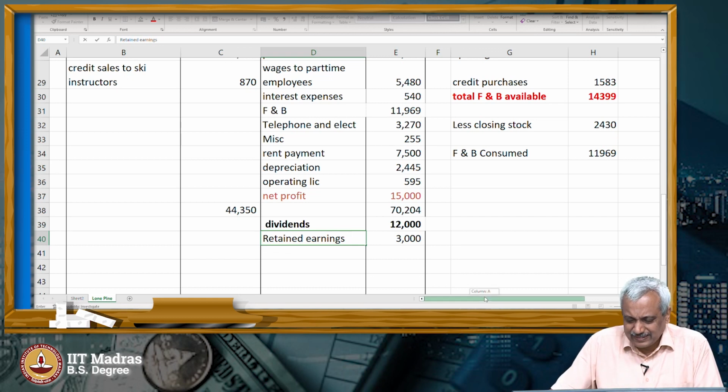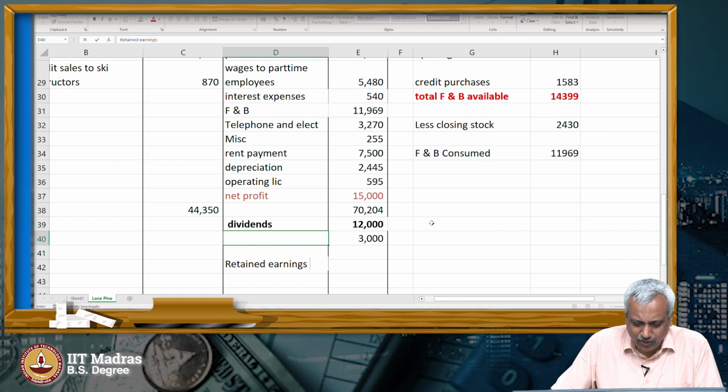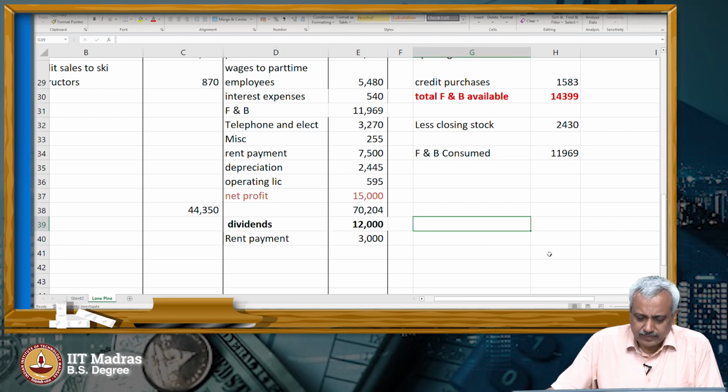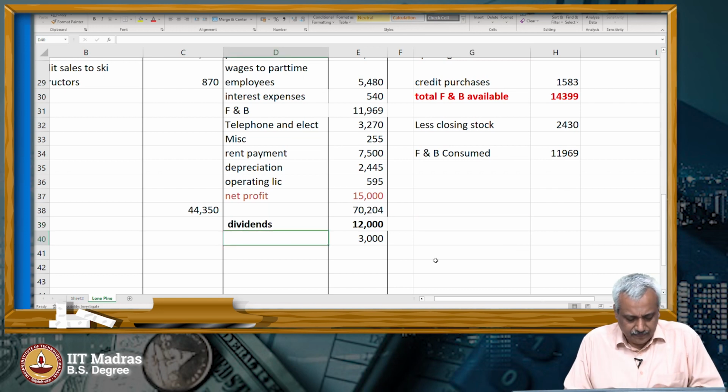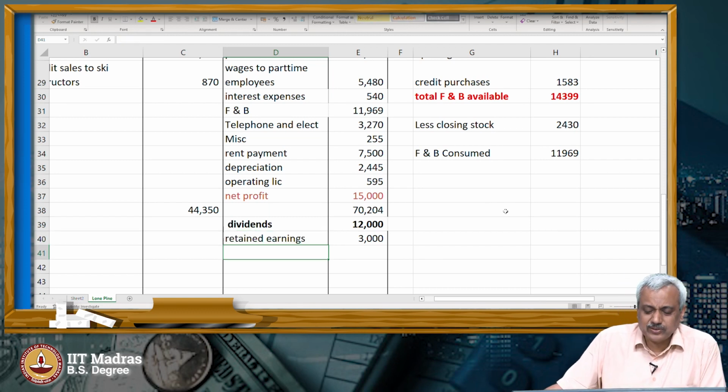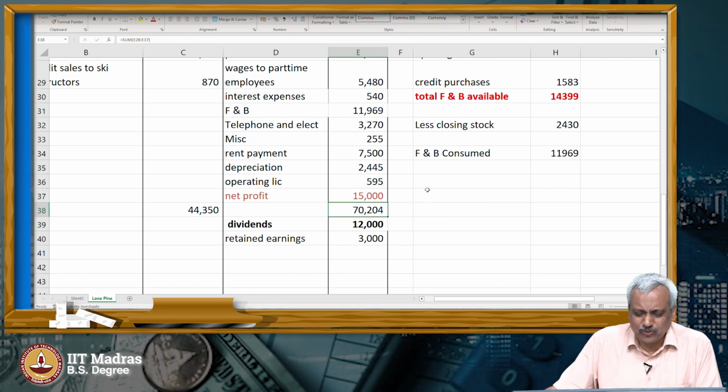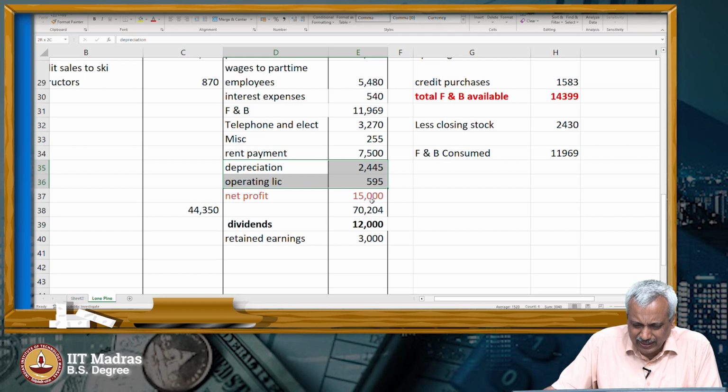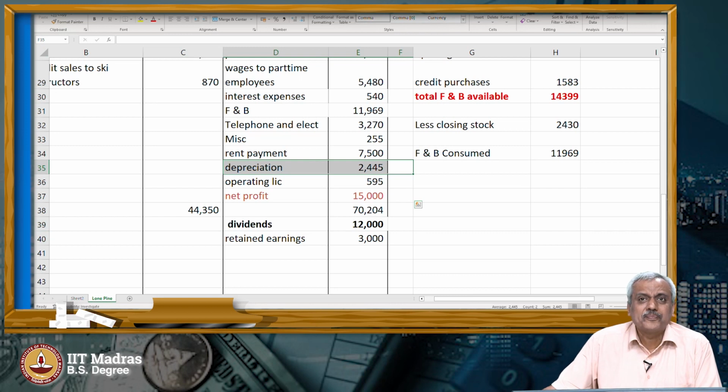This $3,000 also belongs to the shareholders. Why? This entire $15,000 belongs to the shareholders.